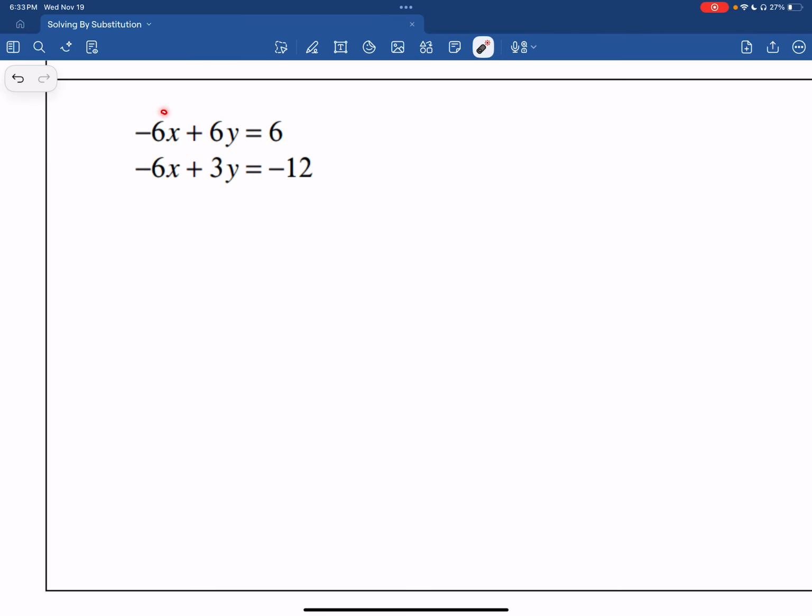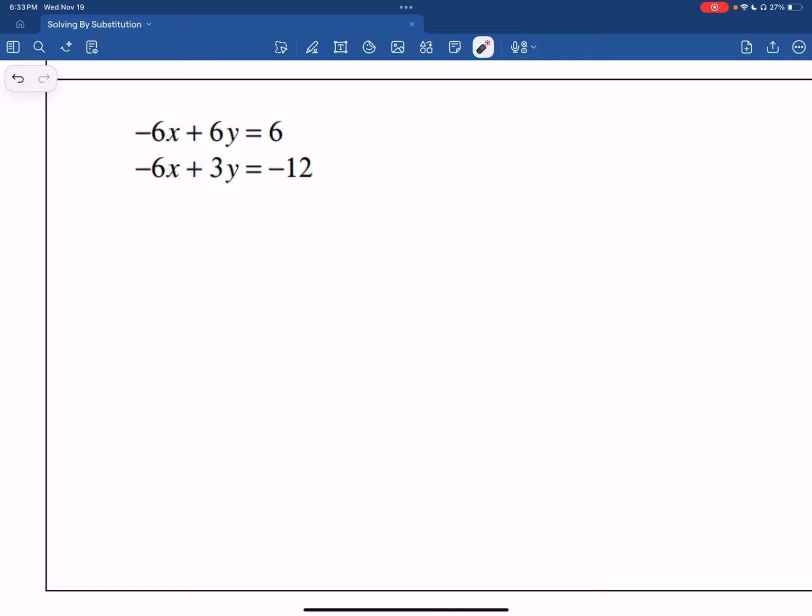However, the x's actually are the same, right? So we have a 6x up here and the 6x down here. Those are both the same variables and the same coefficients, right? But they're not both opposites, right? Because both of them are actually negative, and to use elimination, we need one negative and one positive.